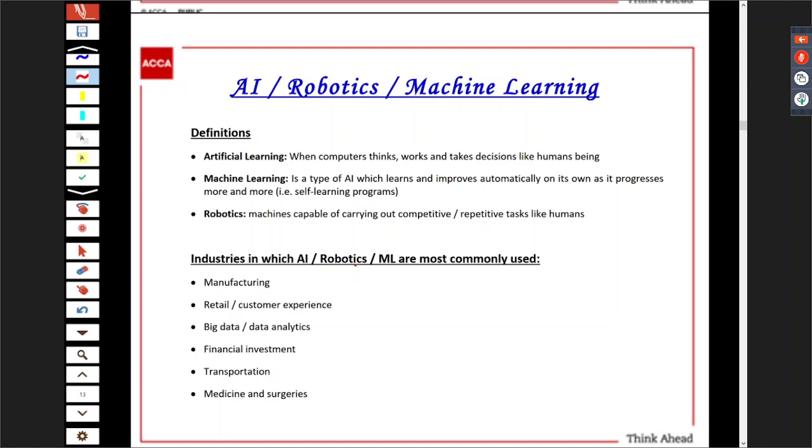So they can think, they can solve problems, they can take decisions, they can talk, they can analyze, they can execute just like a human. That is why it's called artificial intelligence. And then other words like machine learning and robotics are all the same thing, just with some minor differences. But in real life, these words are used interchangeably.